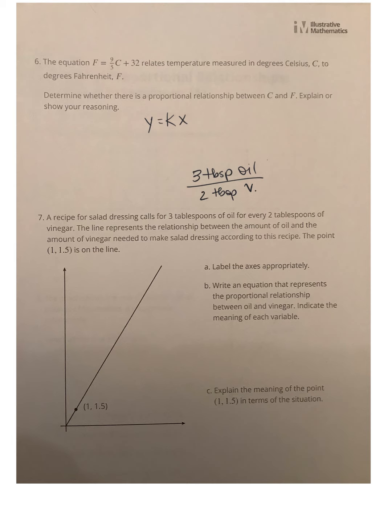So the main mistake I saw here were people were mixing up where the oil goes and where the vinegar goes. Well, based on what we were told, there's going to be more oil than vinegar. So if we look at the point 1.5 over 1, right, because that's your x, that's your y. Our unit rate or our constant of proportionality is y over x.